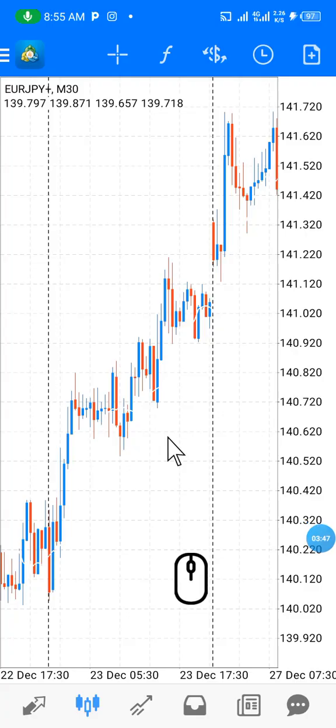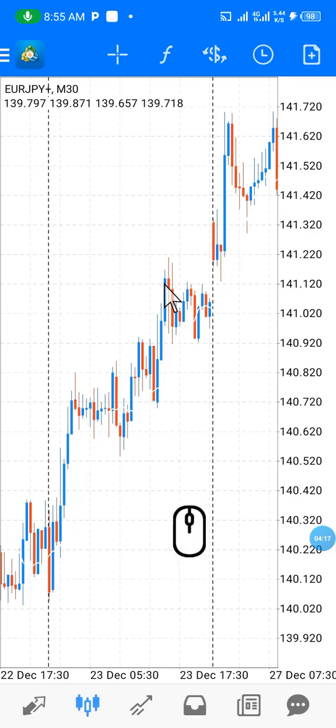Here on Euro JPY, we have a bull trend, which is a bullish market. At this point, the market rallied up, giving us a higher high. It pulled back down, giving us a lower high, then another rally, which gave us a higher high, which means this high is higher than this previous high.